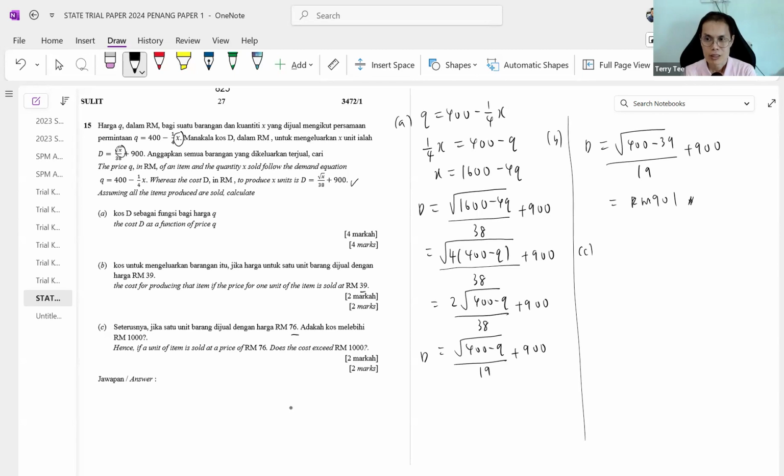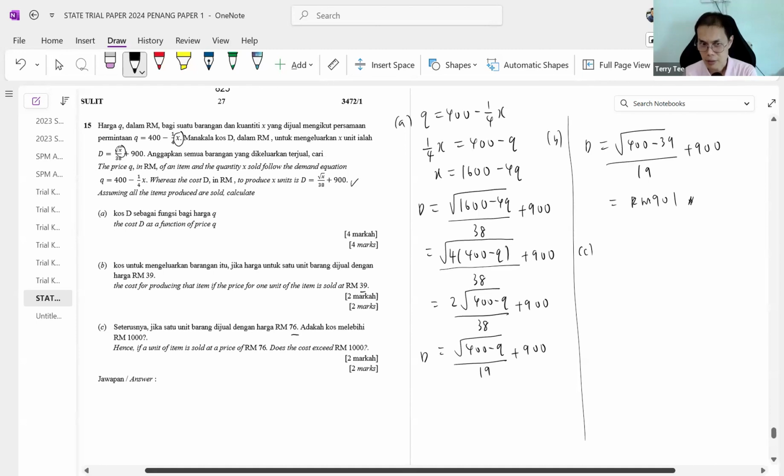I know it's very weird. Because when you increase your Q, your D will be smaller, right? But in this case, since they give us the value already, you can just sub inside. You don't have to guess or rationalize and explain your answer. Unless they don't give us the price. If they say you sell at a higher price, then what happened? Then you need to explain your answer. This one you don't need to.